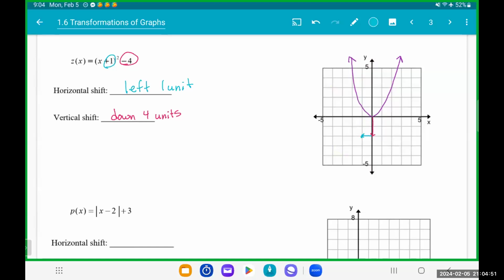So that would be our new starting point right here, and everything else would fall in line the same. Everything would be down 2 over 1, and so that graph would look something like that. Okay, that transformation.